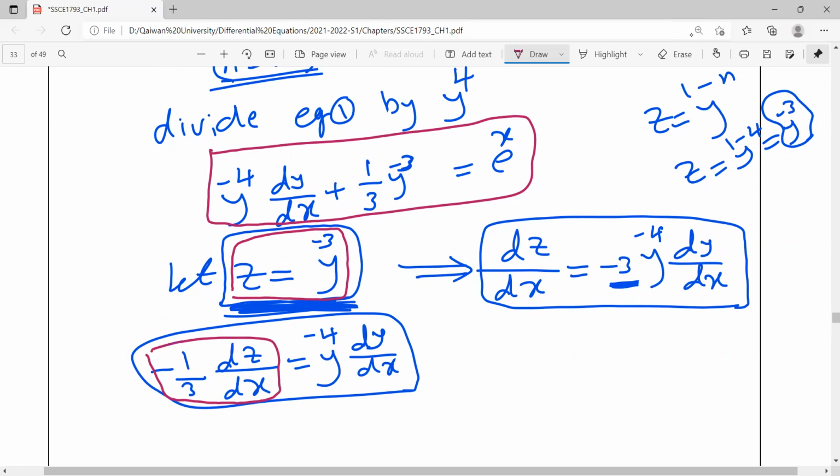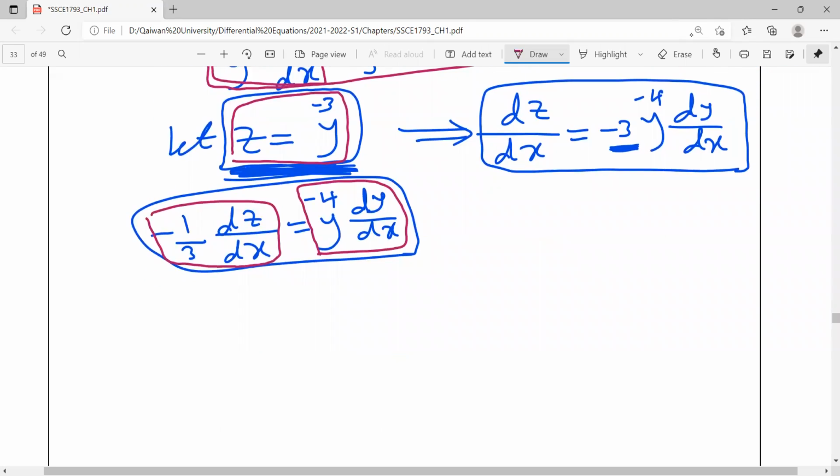I mean, we substitute this for y to the power negative 4 dy by dx. Here, we have y to the power negative 4 dy by dx. We replace this by minus 1/3 dz by dx.